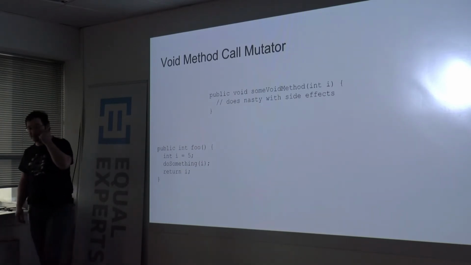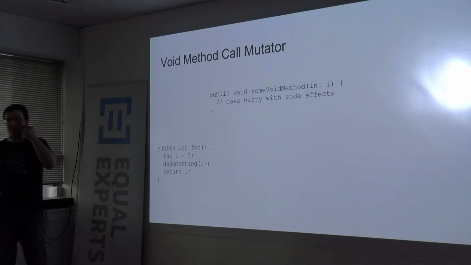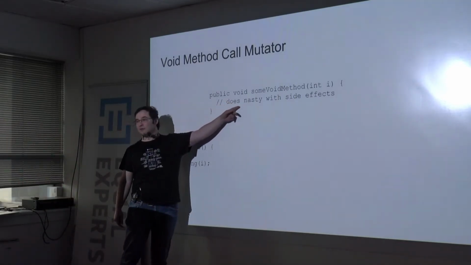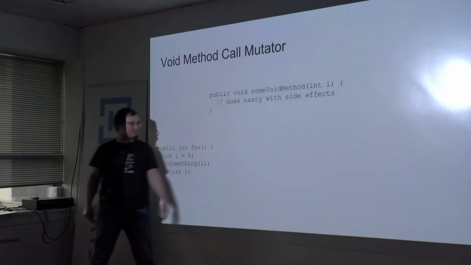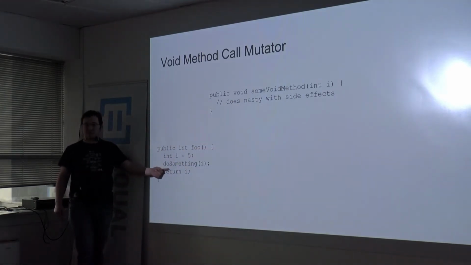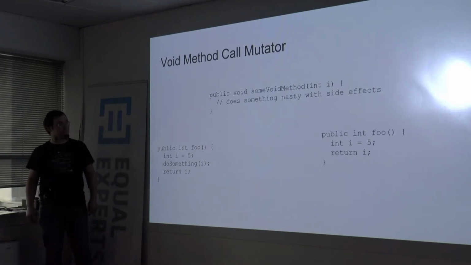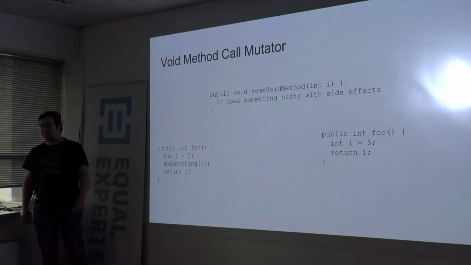This is interesting, especially when you're dealing with really bad code that relies on side effects. I know the Pluralsight folks will probably be familiar with lots of those. Let's assume we have a function that doesn't return anything and does something evil with side effects, and we call that function in our source code. The mutation will be to just not call it and see what happens.